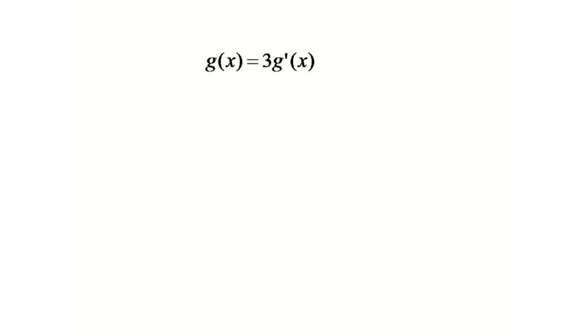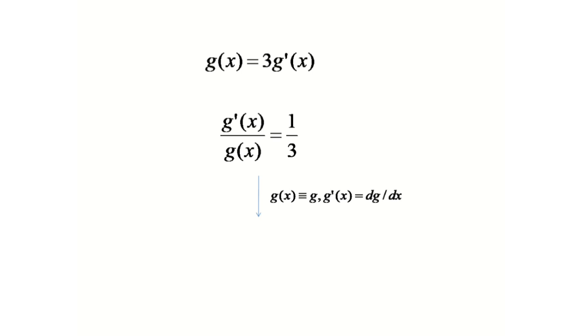We can write it in this form: g dash of x by g of x as 1 by 3. And now we can replace our g of x with just g and g dash of x with dg by dx to write it in a more easy to understand way. We will get this thing.